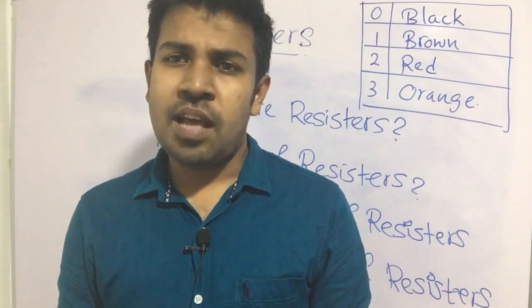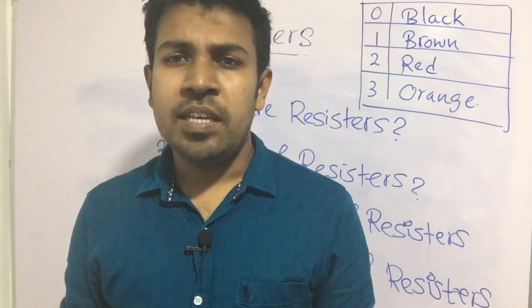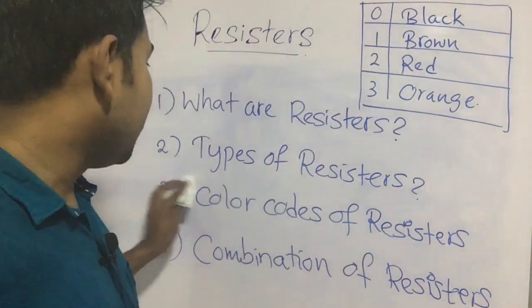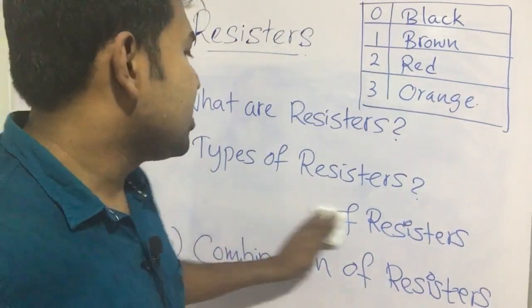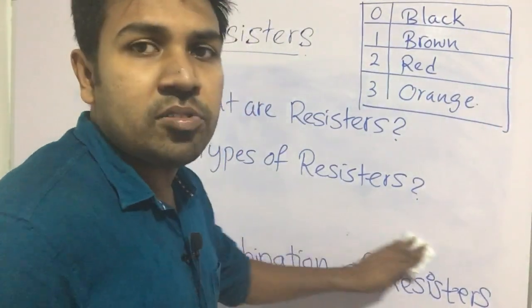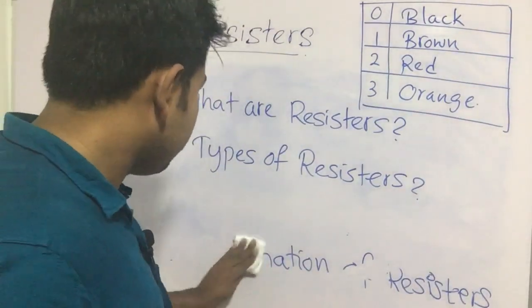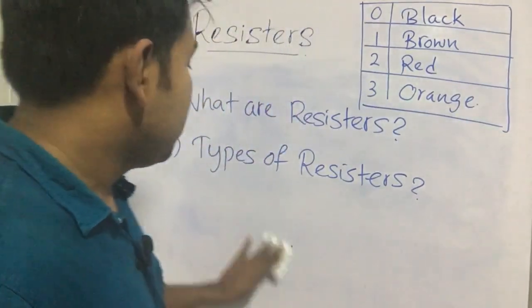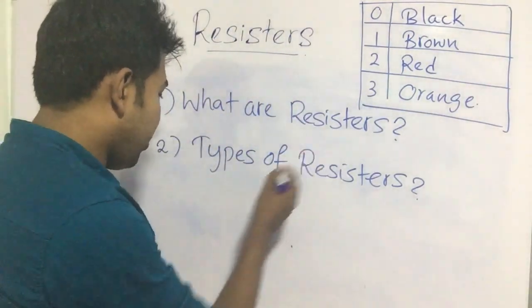Resistors are categorized into three main types here. That's why we are putting here types of the resistors. These are the types that can be found.